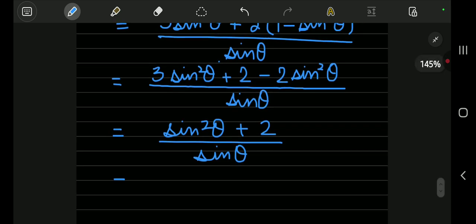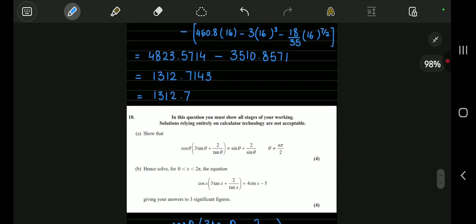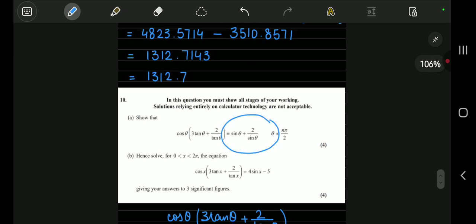So if you distribute the denominator, sine square theta over sine theta would be sine theta, plus 2 over sine theta. So this is what we needed to prove.